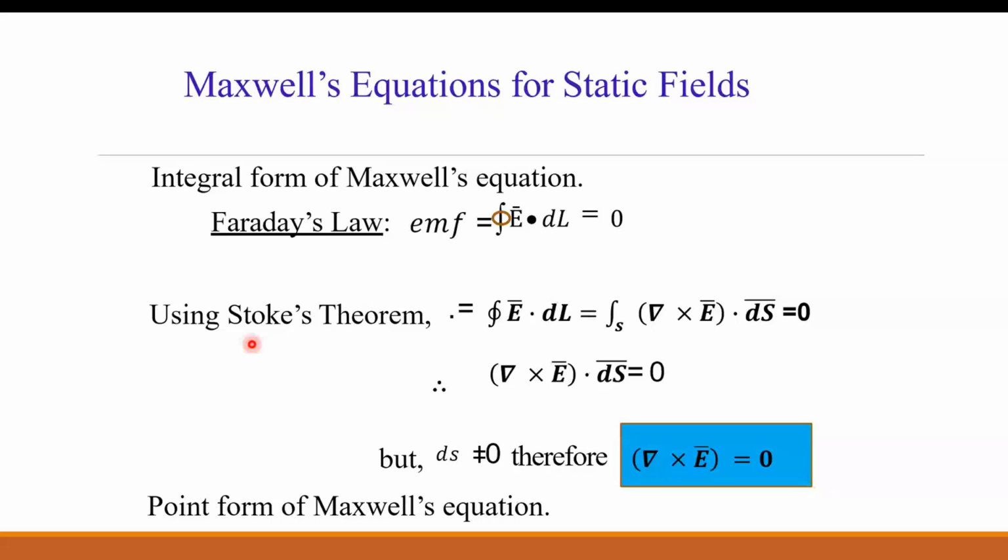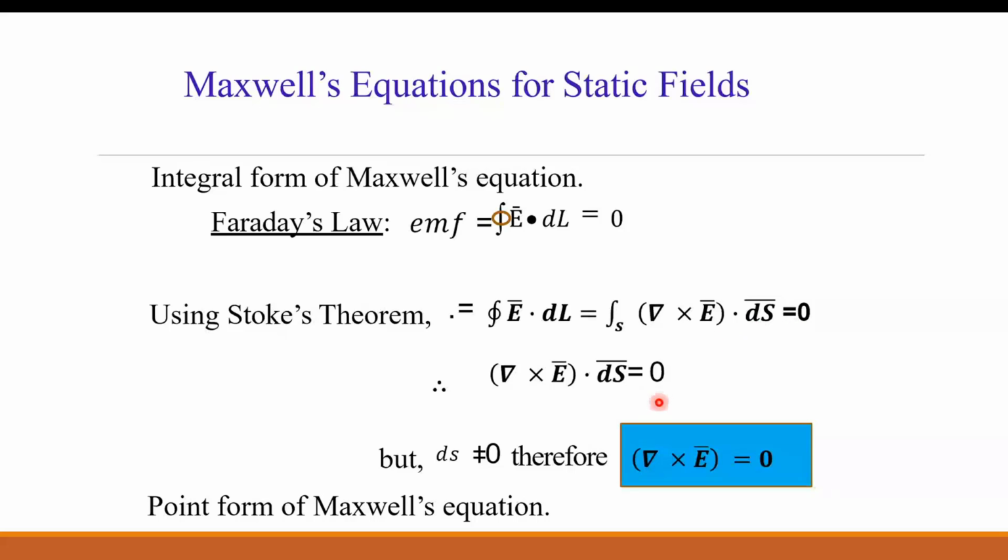So closed integration of E bar dot dl bar is equal to surface integration of del cross E dot ds, and we already know that closed integration of E bar dot dl bar is equal to 0. Hence we can say that the right hand side of this equation is also 0. That is, surface integral of del cross E bar dot ds bar is also 0.